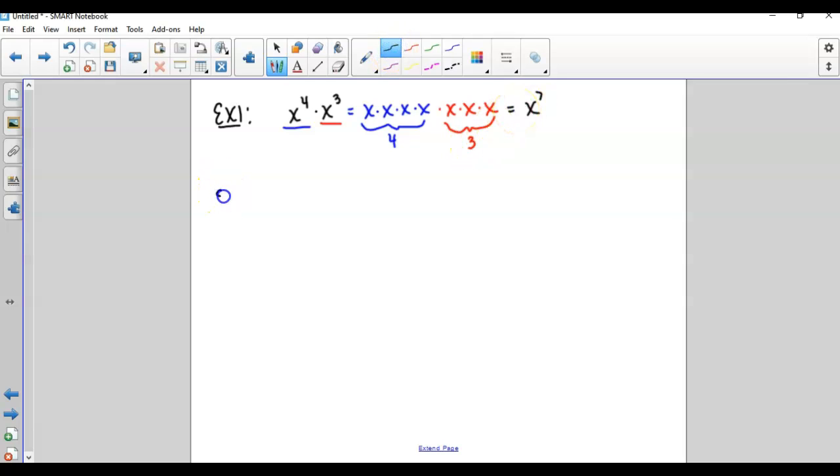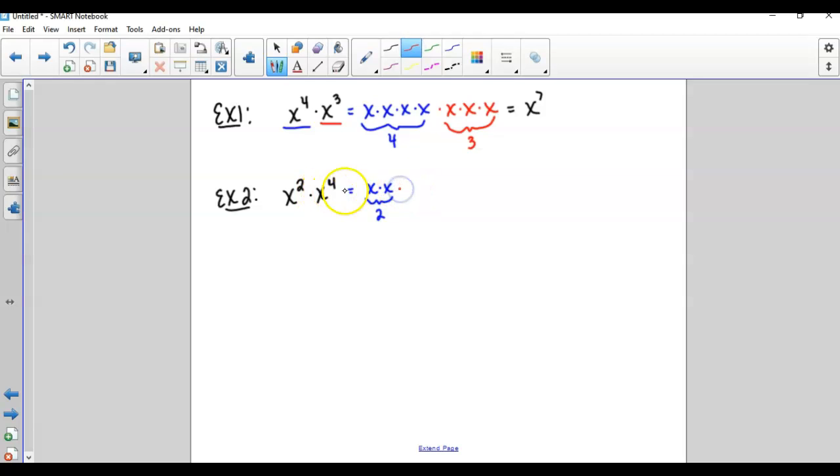So if I had a problem like x to the 2nd times x to the, well, let's not do 5th, let's do 4th here. If I had that, then I could, again, do this the long way. I have x times x for my x to the 2nd power.